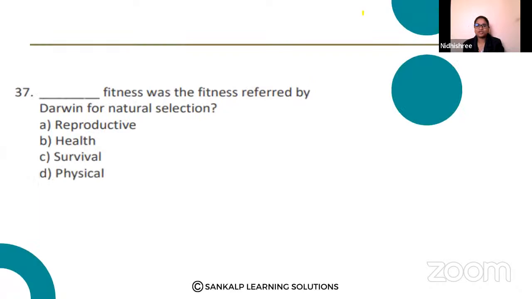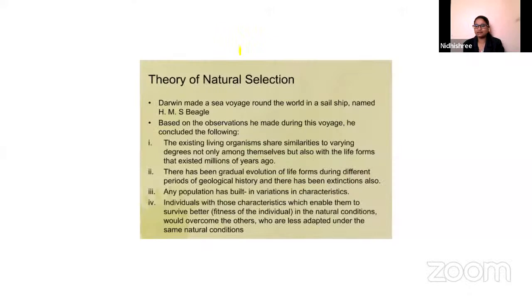Fine. Now let us brush up a few concepts again. Theory of natural selection. I request Nuhu Sayyad, can you read out the slide? Yes, ma'am. Theory of natural selection.